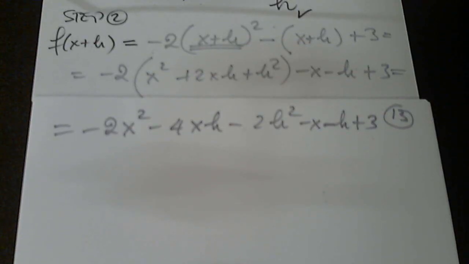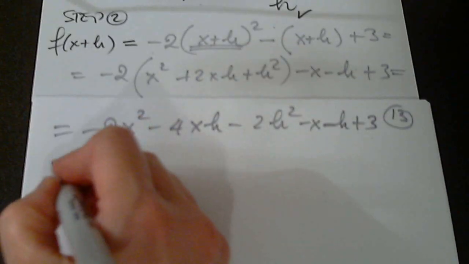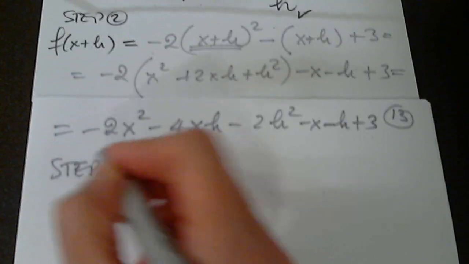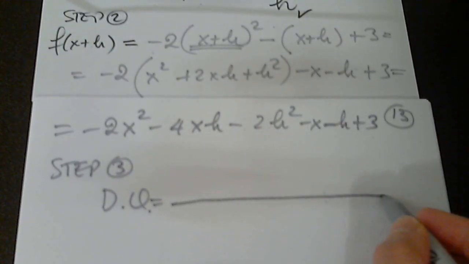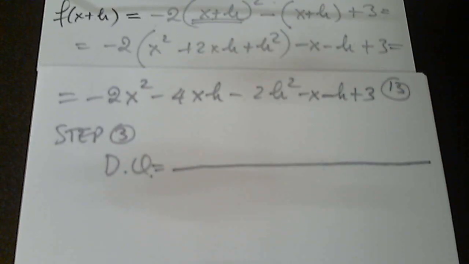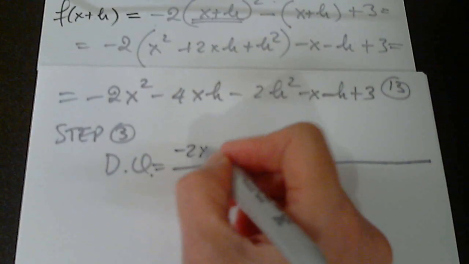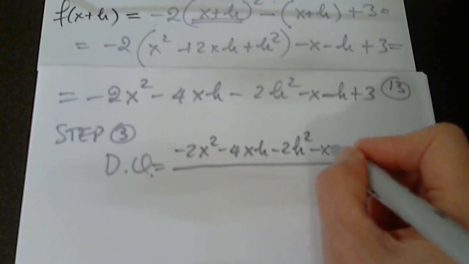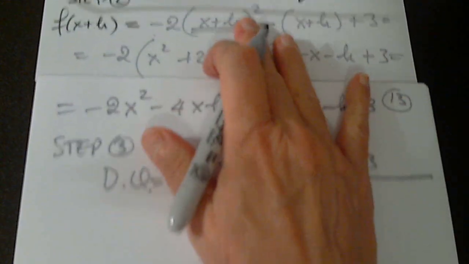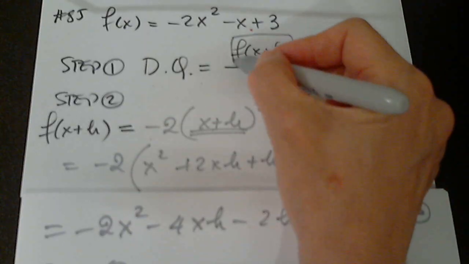Finally, we have all pieces. In step 3, I put all the pieces together. Watch me run out of room. Negative 2x squared minus 4xh minus 2h squared minus x minus h plus 3. I have this.